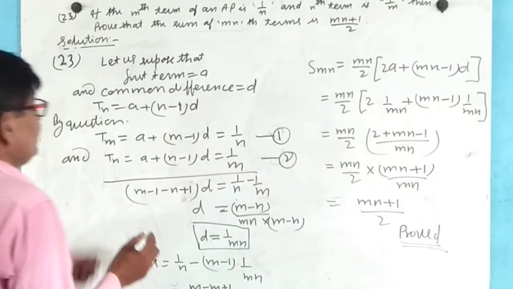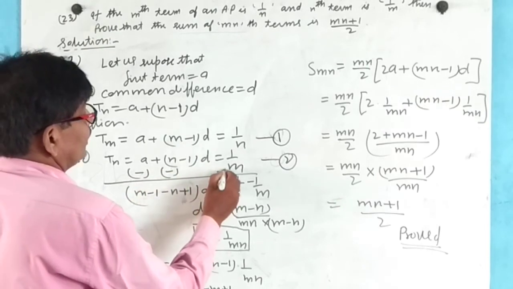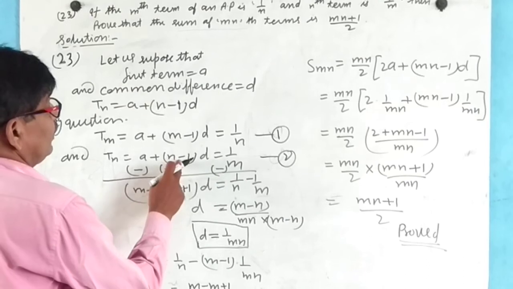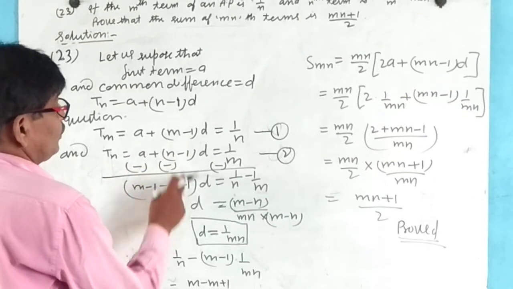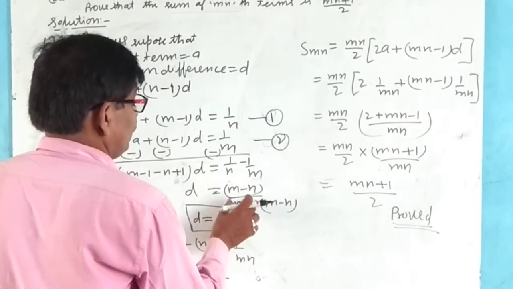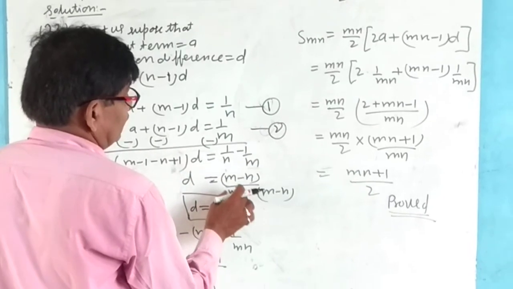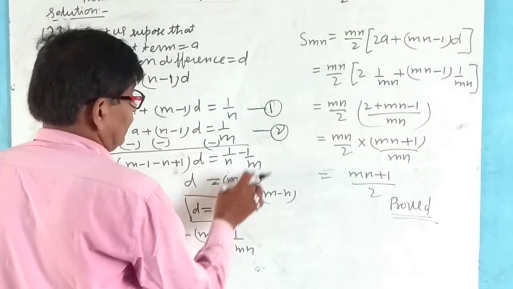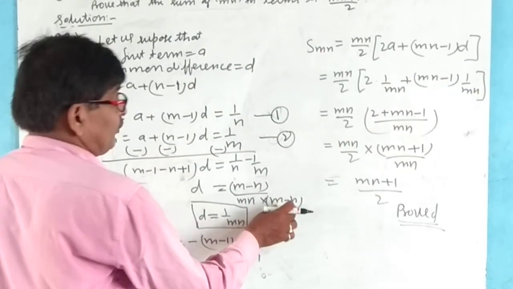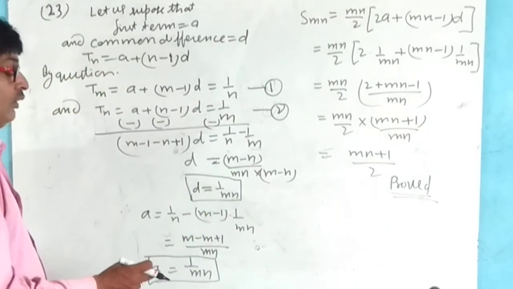Now solve this, subtracting this: here this is negative and this is also negative, cancel (m - 1) a minus, and after that plus, (m - n)d equal to 1/n - 1/m. We take LCM mn, so that this is (m - n)/mn, and here (m - n) cancels, so that d is equal to 1/mn.